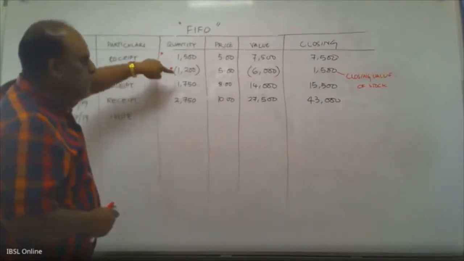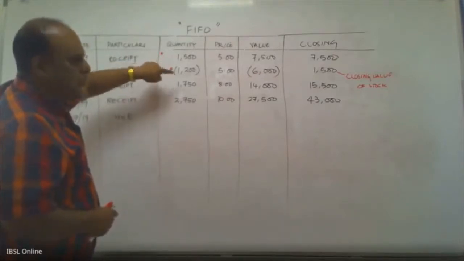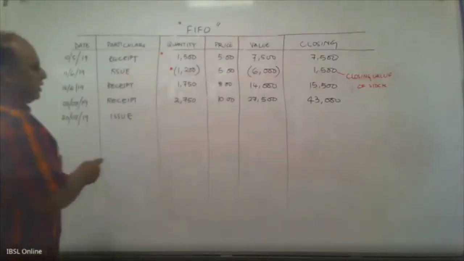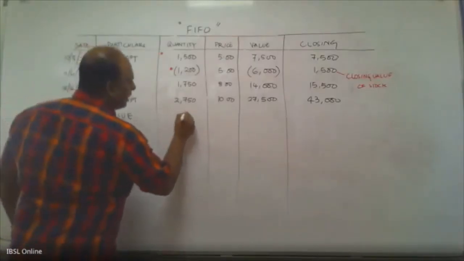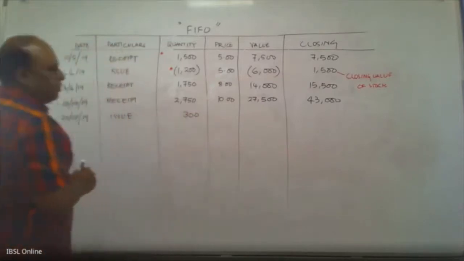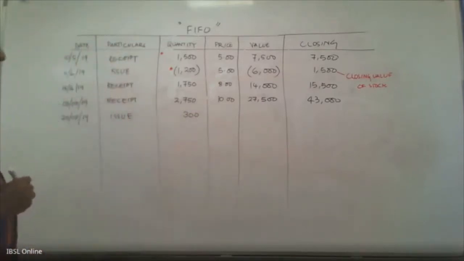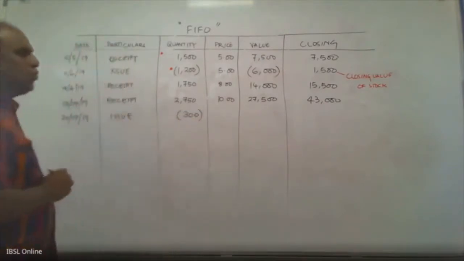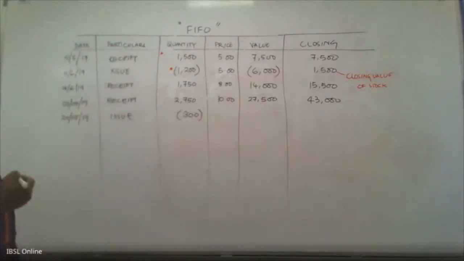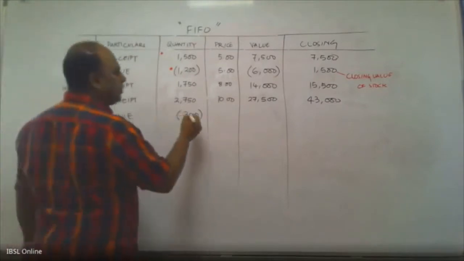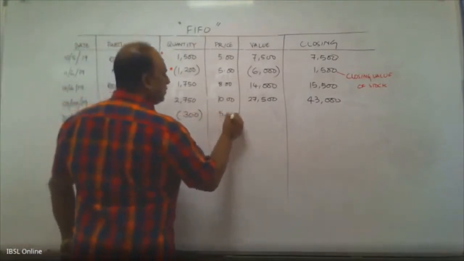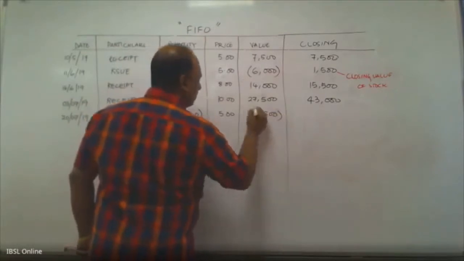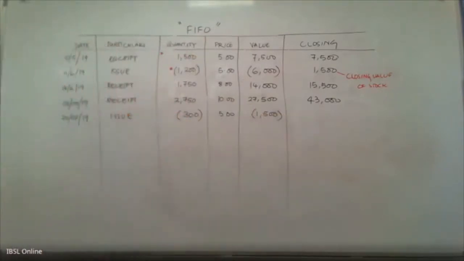So the balance is 300 units. That is what will go out first. So 300 units at the rate of 5 rupees, 1,500. Okay?